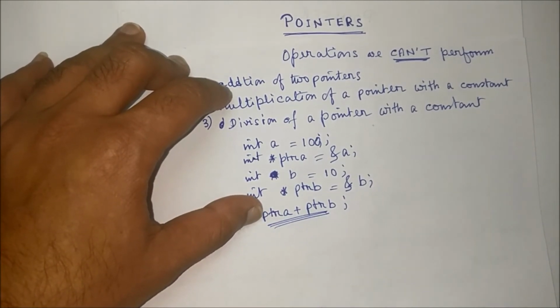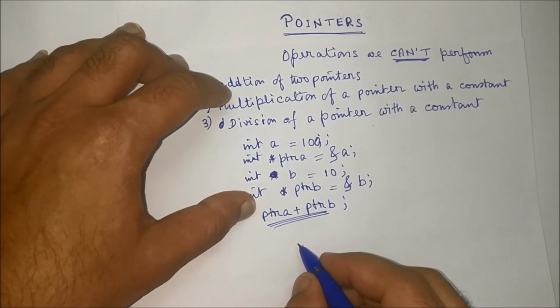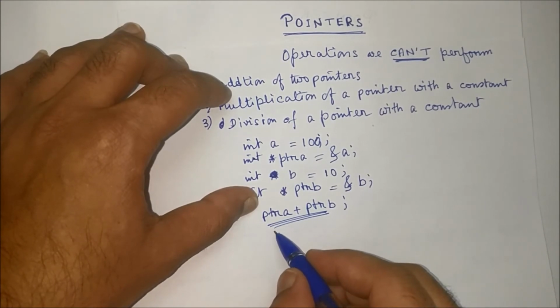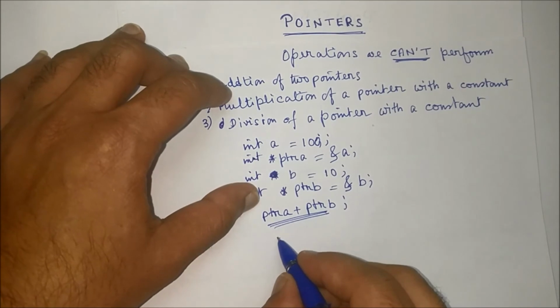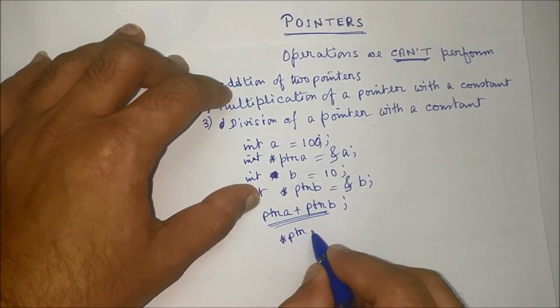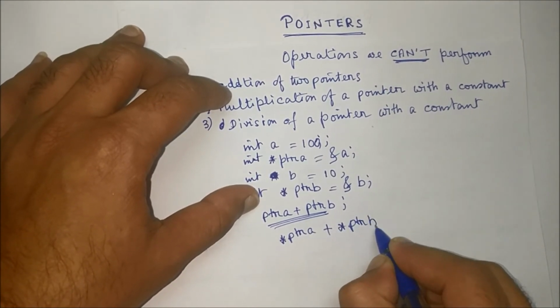But sometimes you may come across pointer variables where the values of the variables they are pointing to can be added. What I mean to say is, star ptr a plus star ptr b is allowed.